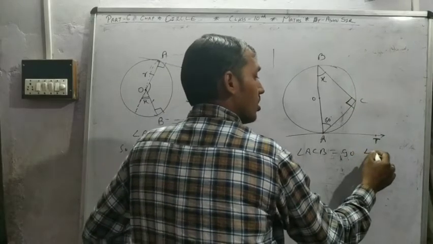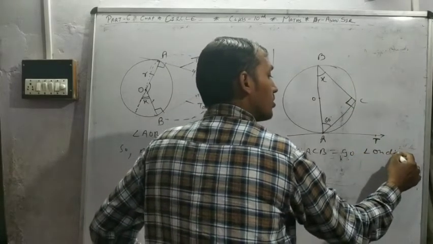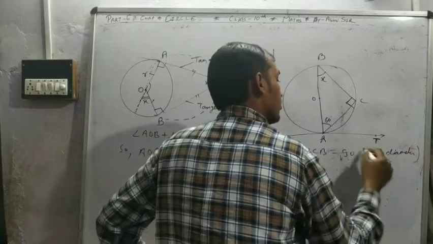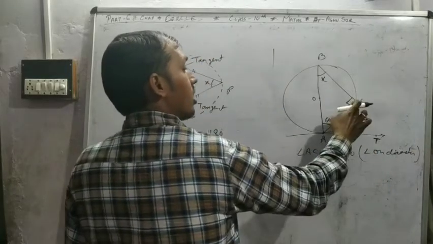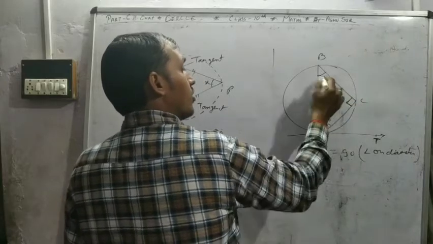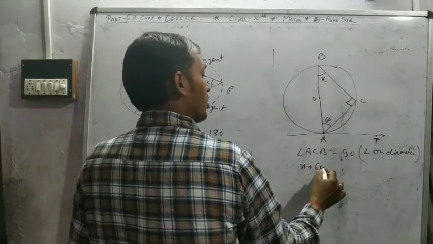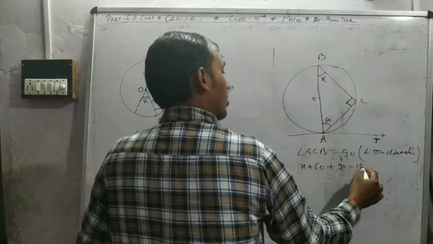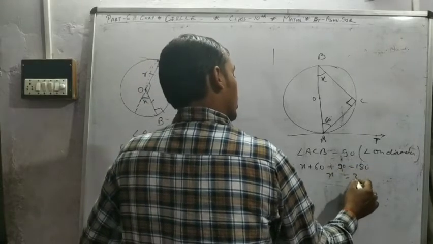Class 9th, angle on diameter. Class 9 theorem: this is the diameter, so this angle is 90. So x plus 60 plus 90 is 180, x is equal to 30 degrees.